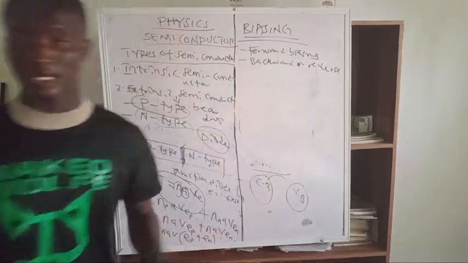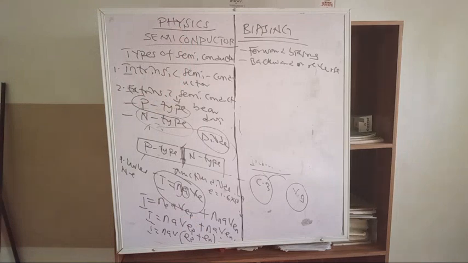In forward biasing, I'll define it. Forward biasing occurs when the positive terminal of the cell, or of the battery, is connected to the p type, while the negative terminal is connected to the n type.